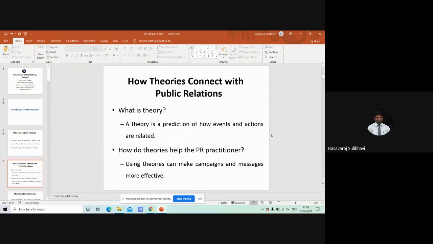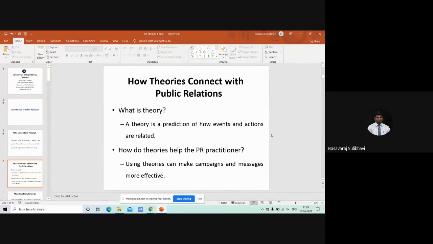Now, how are these theories connected with public relations? What exactly is a theory? A theory is a prediction of how events and actions are related. Keep this in mind, because for whatever theories we deal with in the coming slides, we need a strong idea of what we are intended to understand.